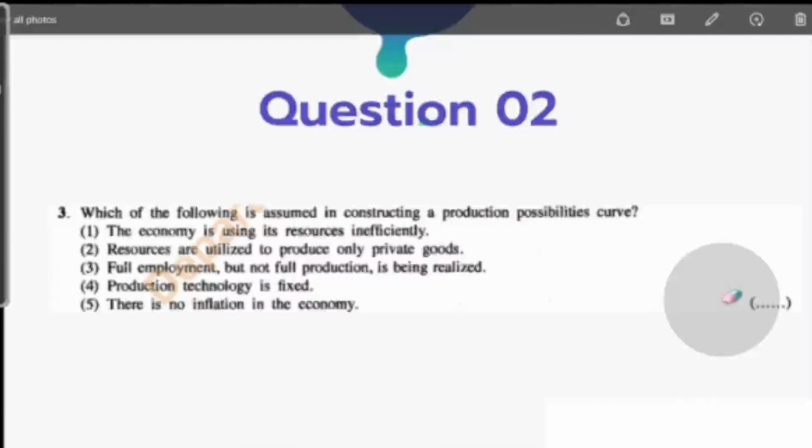Not only that, they will assess your numeric skills when it comes to calculating the opportunity cost. So make sure you study theory part well and you be thorough with calculations in the production possibilities lesson.